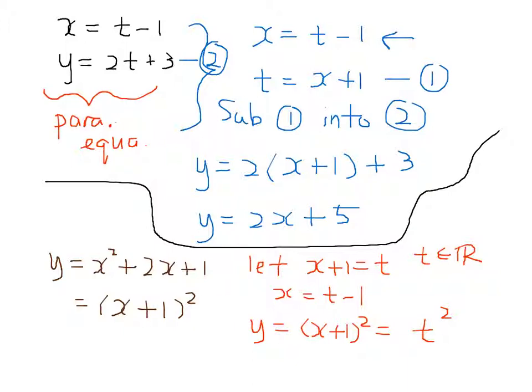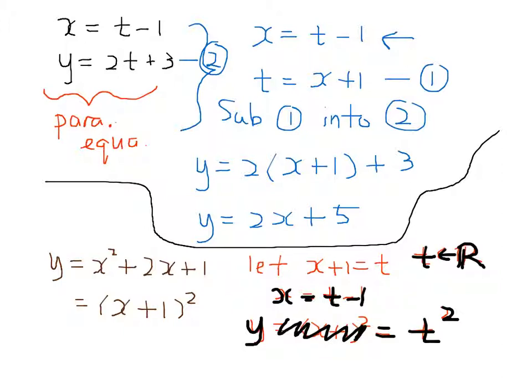Let me highlight this. It will be y equals t squared, and I have x equals t minus 1, and t is any real number. So together, or rather maybe let me rub this so you can see clearly, this together will be the parametric equations of this quadratic equation.